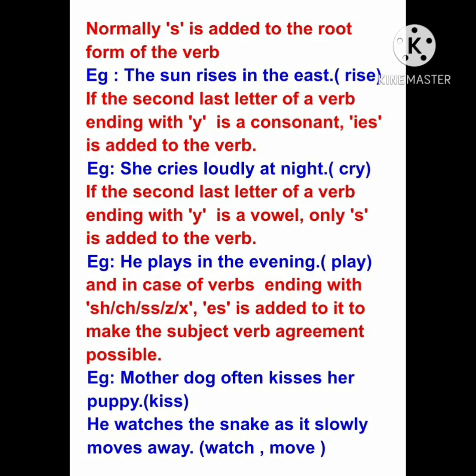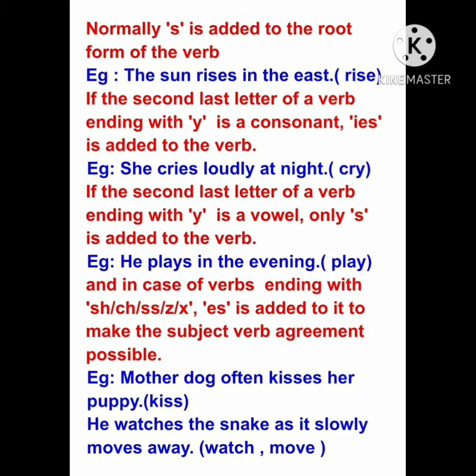Mother dog often kisses her puppy. Here, the root form of the verb is kiss, which ends with double s. As per the rule, in such cases, just add es at the end of the verb to take it to the S form.